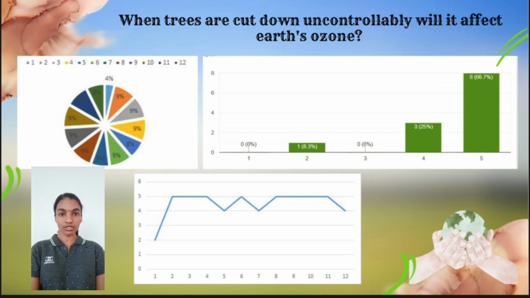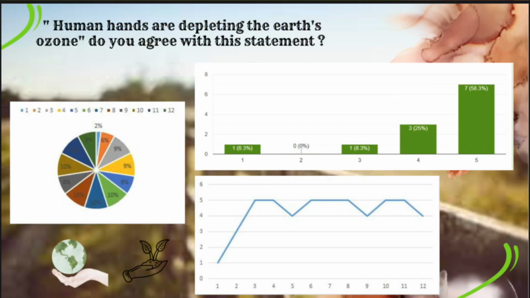Only one responder rated it 2 out of 5, indicating a relatively lower level of concern. By visualizing the data in this way, we can effectively convey the trend and highlight the general consensus among the responders regarding the impact of uncontrolled tree cutting on the Earth's ozone layer.